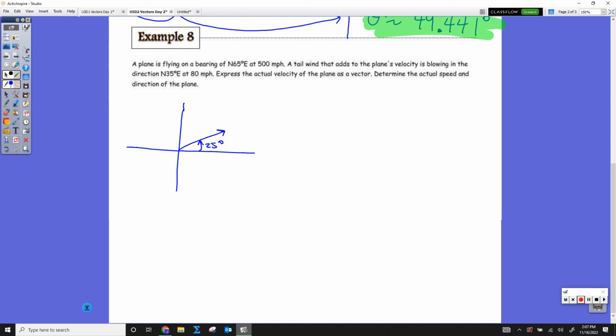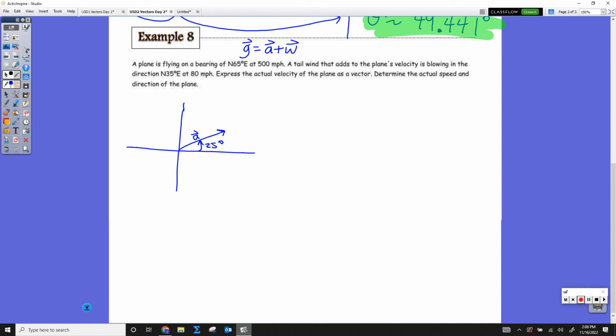Okay, and since this is going back to, let me write this equation from earlier, g equals a plus w. The vector we just now wrote is actually vector a. Okay, so I'm going to label that. This would be like vector a. Now, a tailwind that adds to the plane's velocity is blowing in the direction north 35 degrees east at 80 miles per hour.